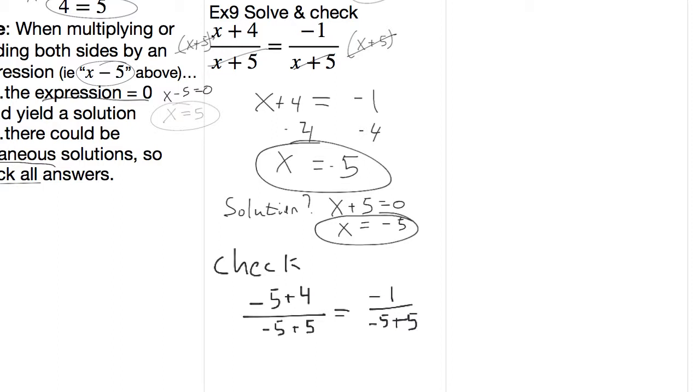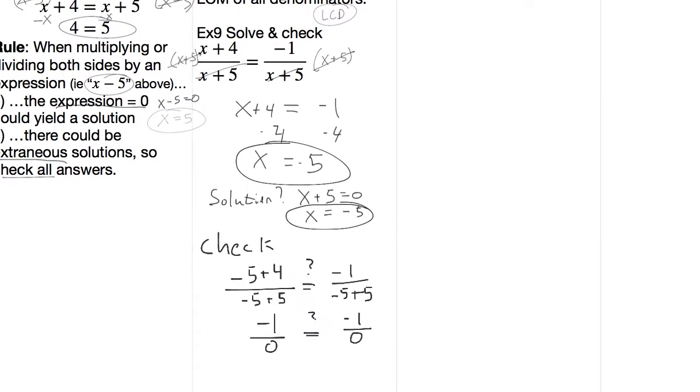Is that really equal to -1 over -5 plus 5? We're going to run into some problems here because we get -1 over 0. Is that equal to -1 over 0?